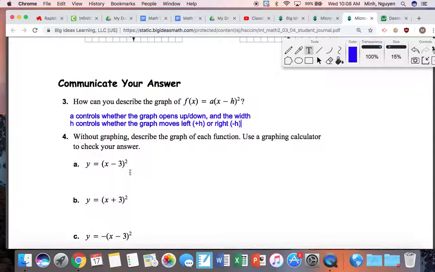So without graphing, describe the graph. If we have a minus, I know you guys think, oh, on our graph these are the negative numbers to the left, right? -1, -2, -3. So when you see that, you might think the graph would move to the left 3 times.